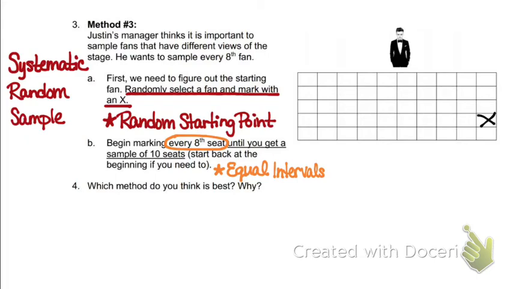So pick your random starting point, mark it on there. And then we are going to go to every 8th seat after that. So with your starting location, since I'm at the end of a row, I have to go down to the next row to keep counting. So 1, 2, 3, 4, 5, 6, 7. Here's the 8th one, so I'm going to mark that.